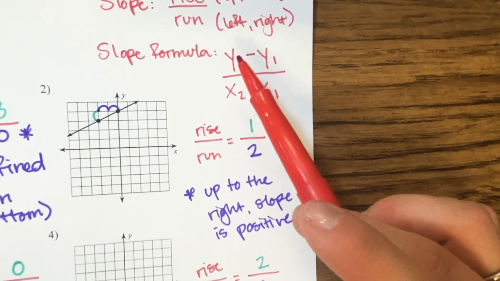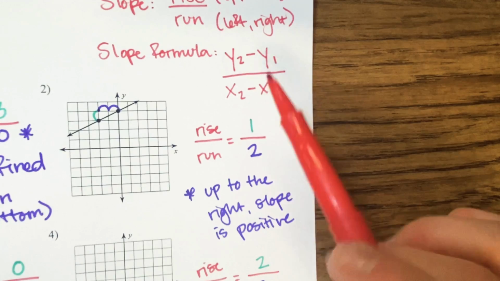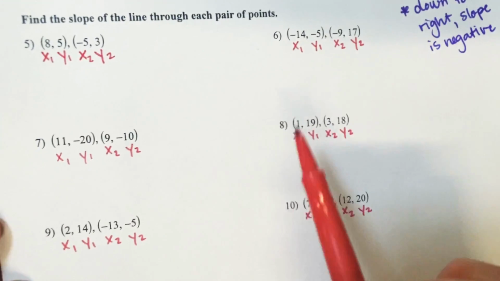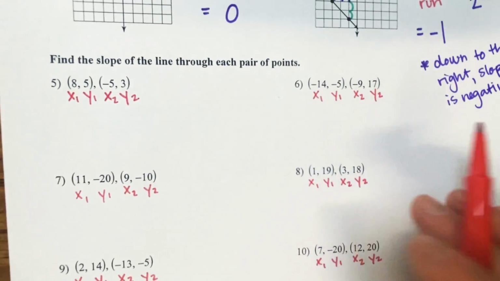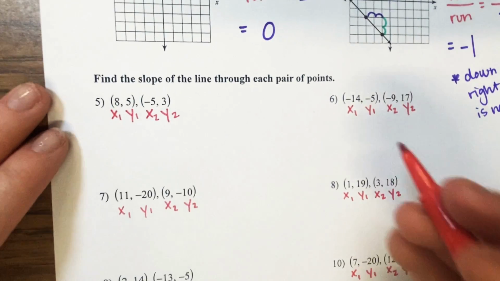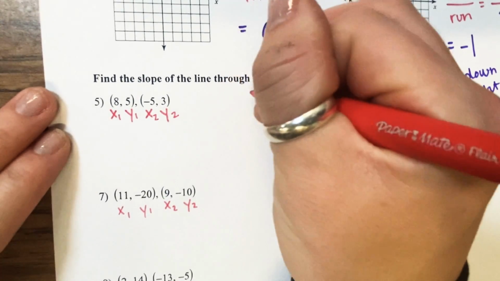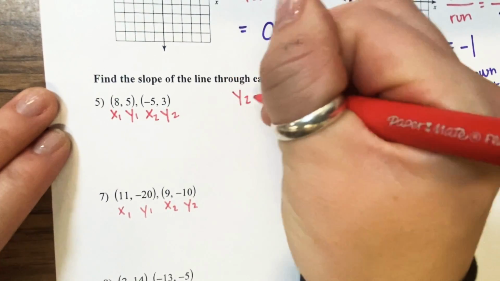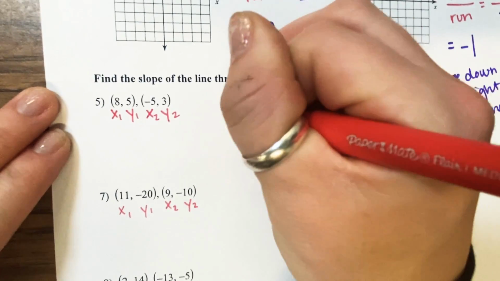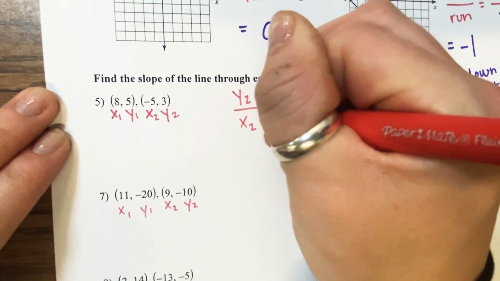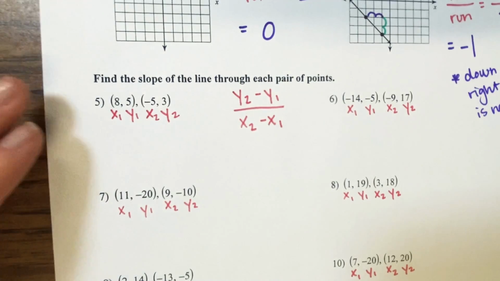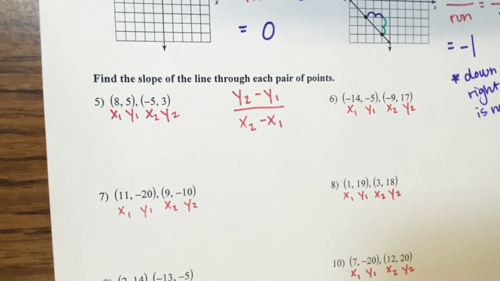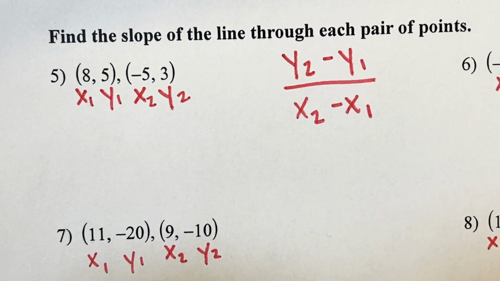Notice we still have that y2, y1, x2, x1. We labeled all of these down here. Now we just need to plug it in. To help us out, let's repeat that formula. Just rewrite it right here: y2 minus y1 over x2 minus x1. Here's what I want you to do now.